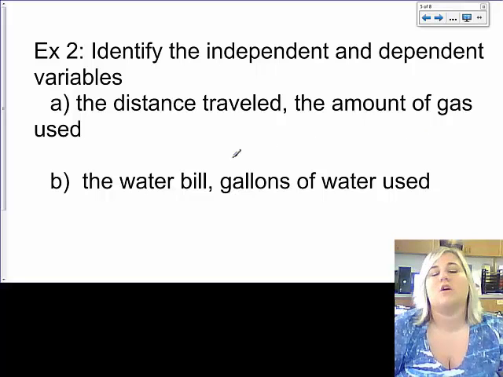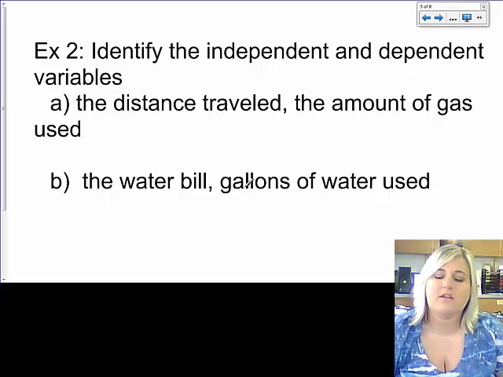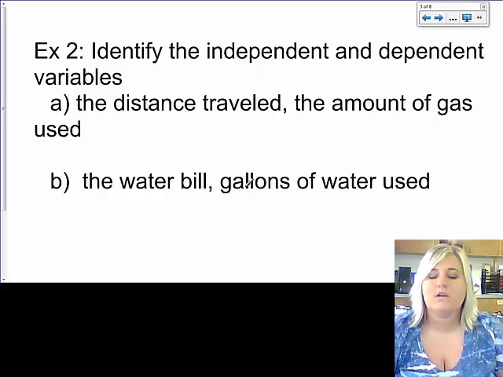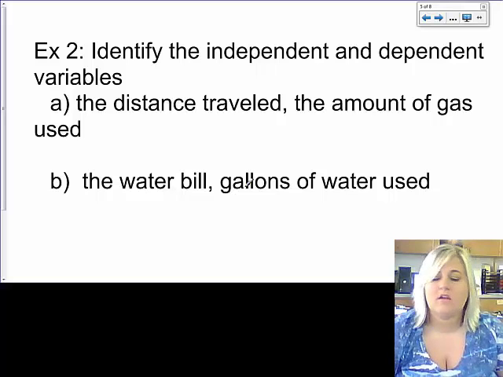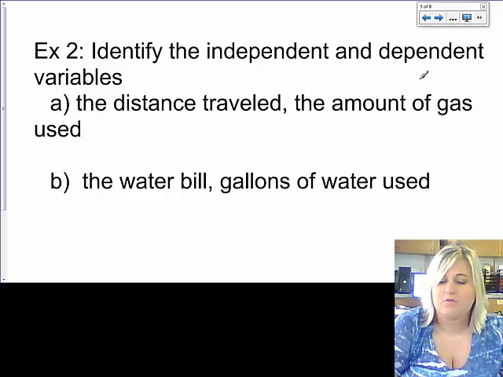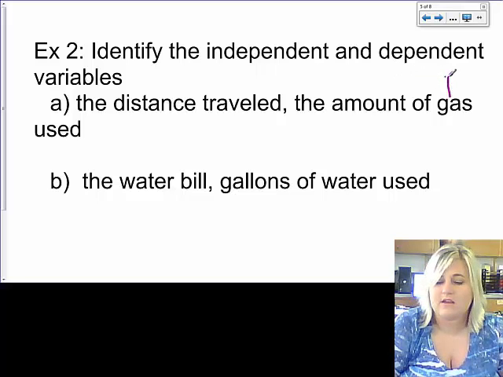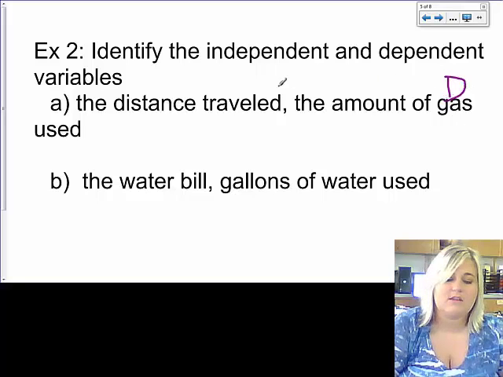Does the distance you traveled depend on the amount of gas that you use, or does the amount of gas that you use depend on the distance that you've traveled? I hope that you're thinking that the amount of gas that you use depends on the distance that you travel, which would make the amount of gas the dependent, and the distance that you travel the independent.